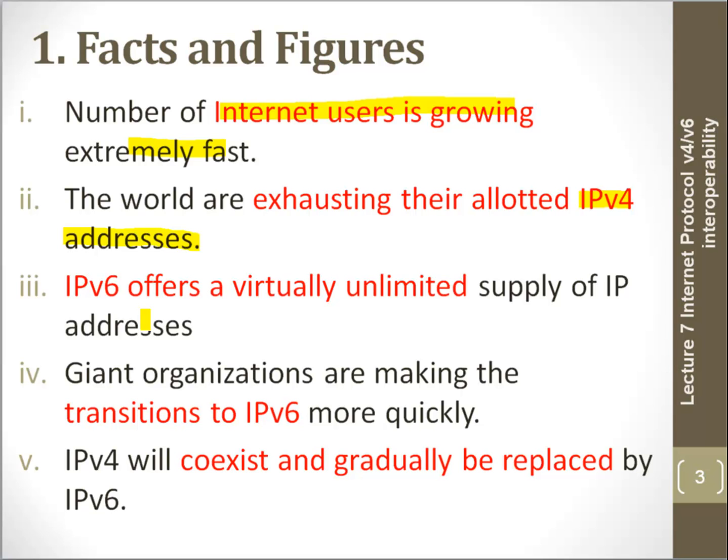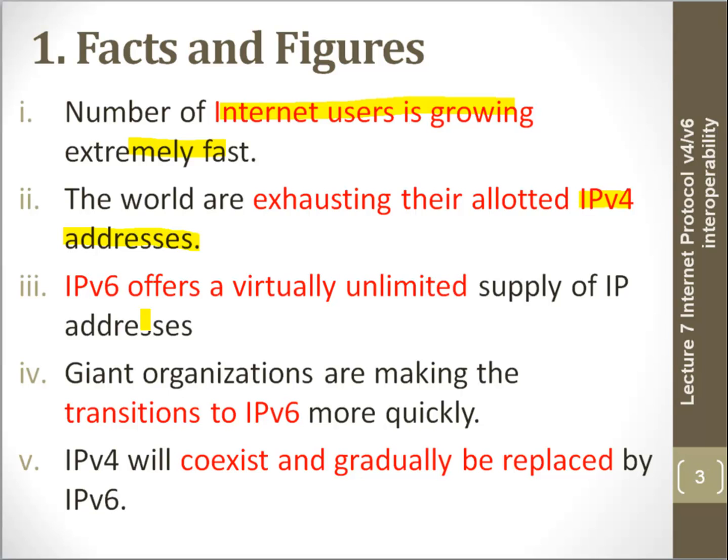For example, if you take IPv4, the total number of IP addresses is roughly 2 to the power of 32. But if you go for IPv6, it is going to be 2 to the power of 128. So we are going to get a huge number of IP addresses compared with IPv4.